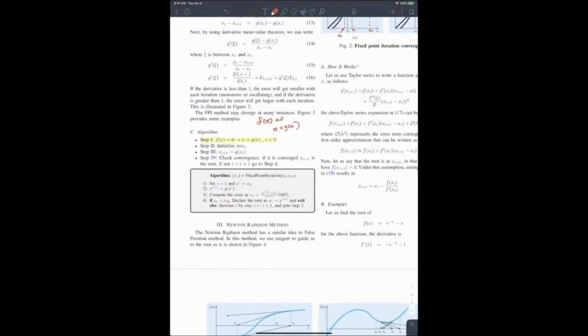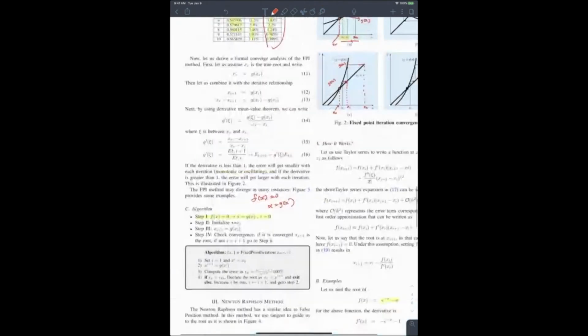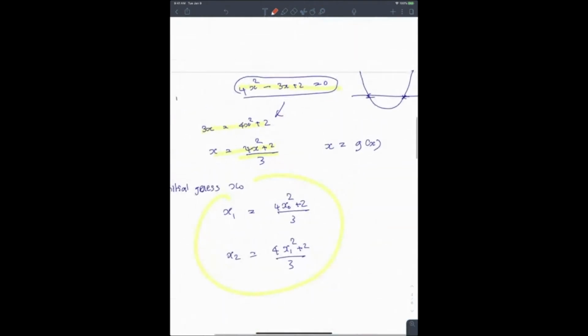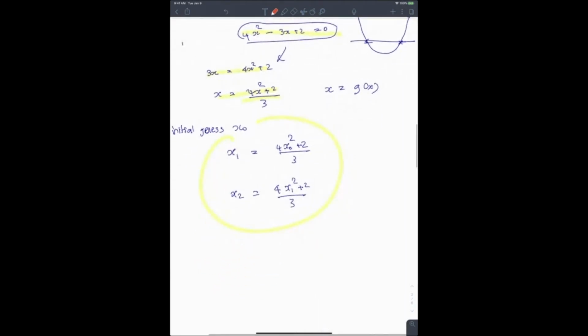So if you are given a function, for example, f(x) is equal to e to the power minus x, you will just write it in this form. You should also know that there are multiple ways to write that. That's another thing you need to keep in mind, and that's why this can go wrong in many different ways. For example, let's take a look at this example.